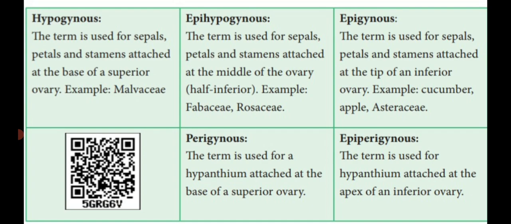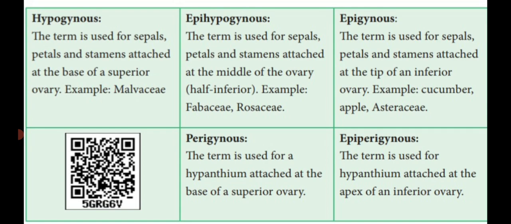Okay. Next one, epigynous flower. What is epigynous flower? It is otherwise known as inferior ovary. That means a flower with inferior ovary is known as epigynous flower. Another one, perigynous.